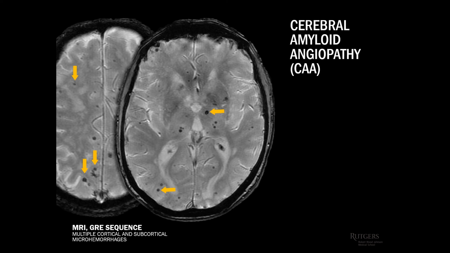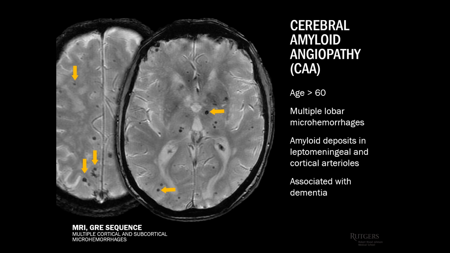These look like hypo-intense spots, but because we're in med school and need a $10 phrase that describes them, we call them areas of susceptibility. So this is the hallmark of cerebral amyloid angiopathy when it's seen in an elderly person who's also demented. Remember, amyloid, the same protein that can cause Alzheimer's disease by damaging neurons, can also damage the small blood vessels, causing them to be brittle and bleed.